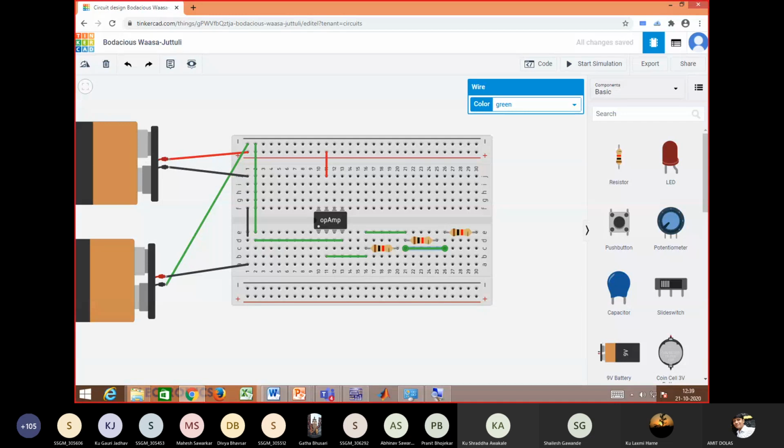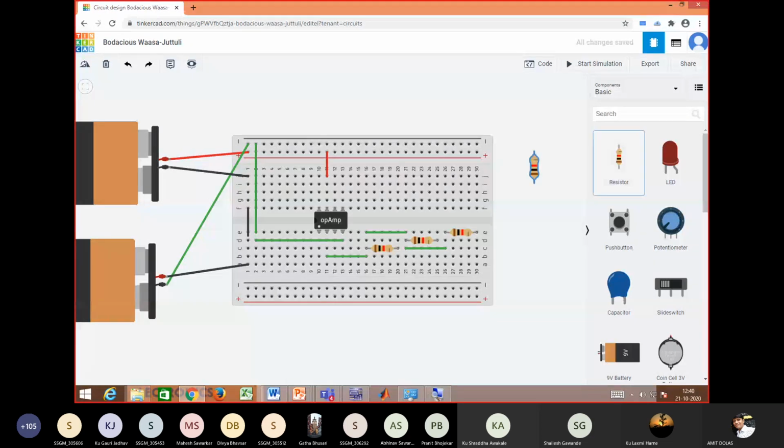Pin number 2 is now connected to one end of, say, this resistance R3. Another end is kept open to connect the signal. Then R2, one end is connected to the second terminal, and the other end is kept open for the signal. And R1, one end is connected through these lines to pin number 2, and the other is kept open. This terminal 2 is kept open for each resistance, for connecting V1, V2 and V3.